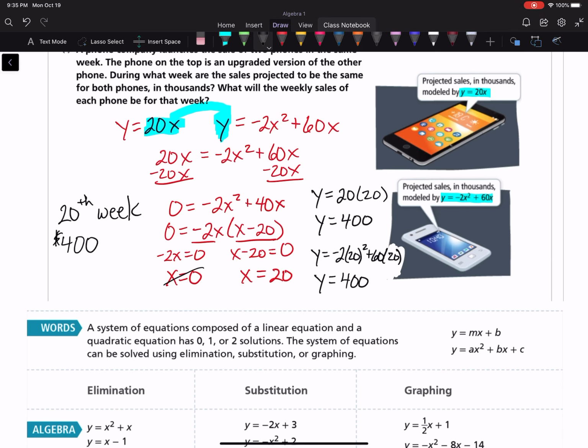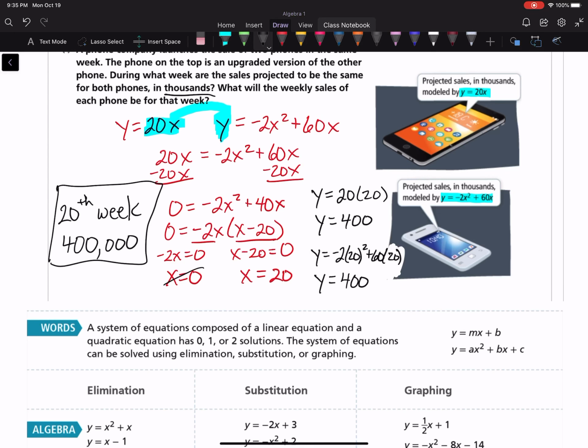Okay, yeah, so not necessarily $400, just 400. During what week are the sales to be the same for both phones? In thousands. Oh, in thousands, excuse me. So since it's in thousands, it's 400,000, excuse me.